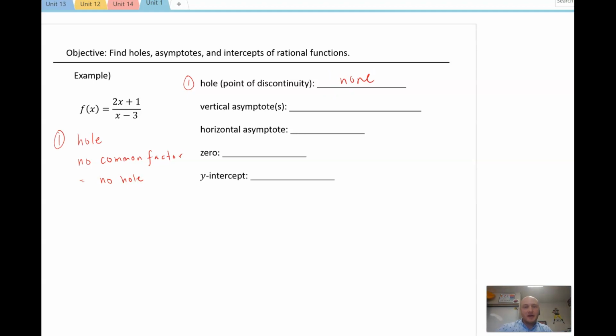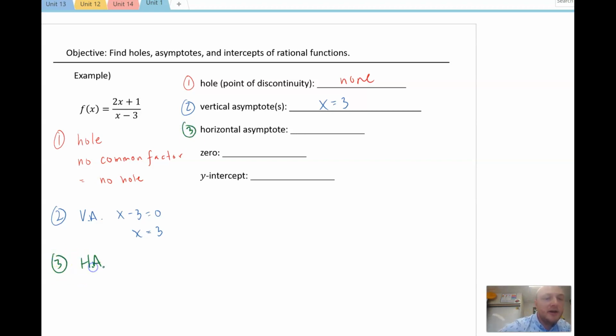All right, step 2, vertical asymptote. I take my denominator and set that equal to 0, and I get x is equal to 3. So there is my vertical asymptote. Very simple. Step 3, horizontal asymptote, the HA.